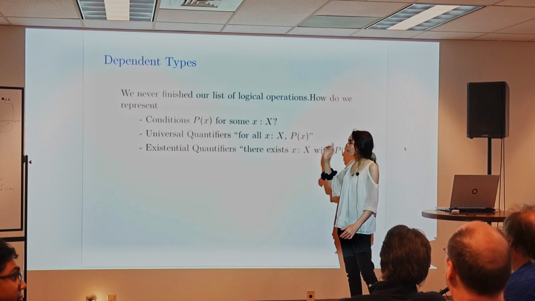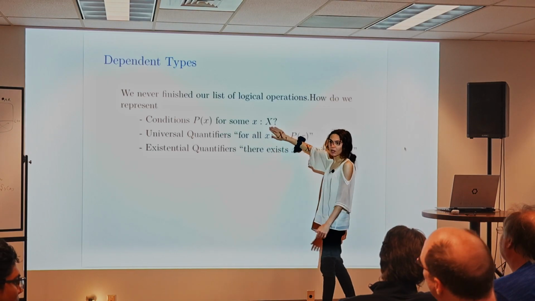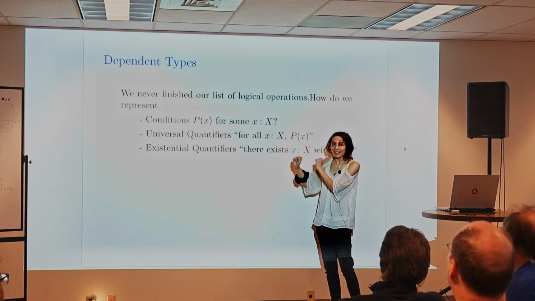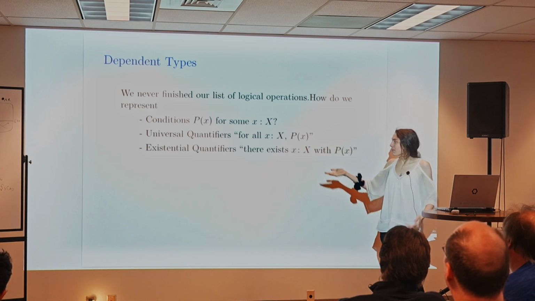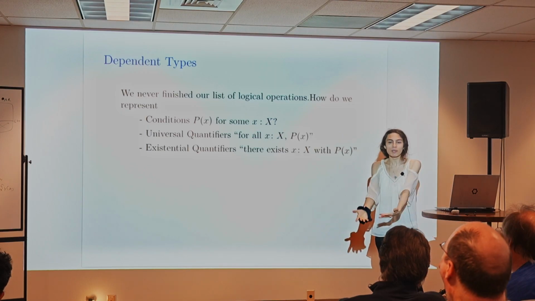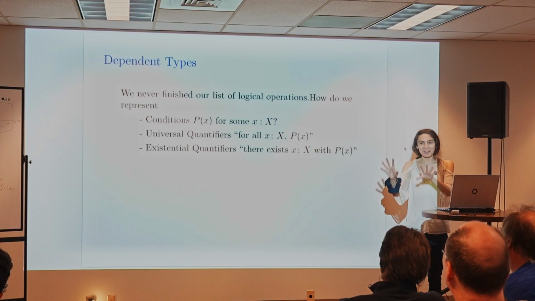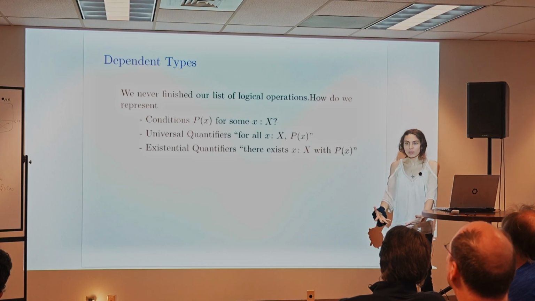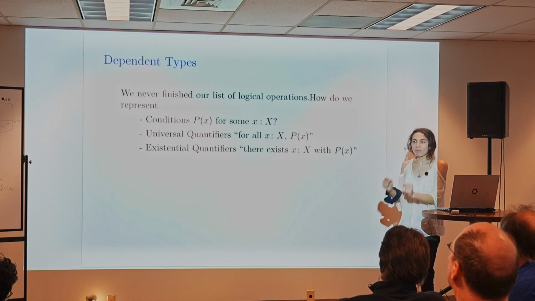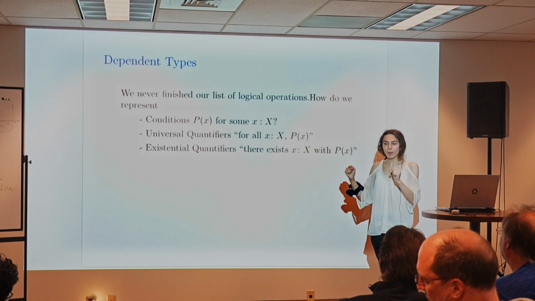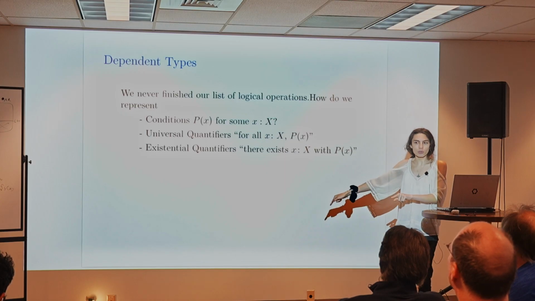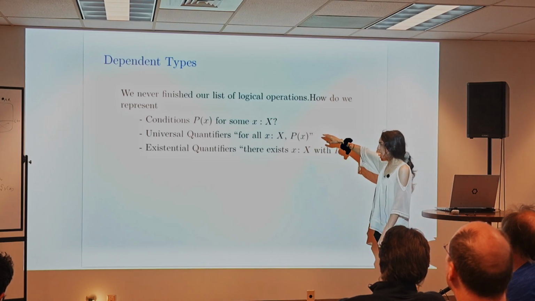If I have a condition, I might want to say, okay, I have some type big X, and I have a proposition that could be true or false for each X. Like, maybe X is the natural numbers, and I say, okay, I'm going to give you a natural number, I want you to tell me if this is prime. Good luck, by the way. But that's a question you could ask that is particular to each natural number, a proposition that relies on that natural number and is true or false for each of those natural numbers, right? So we need some way to deal with that.